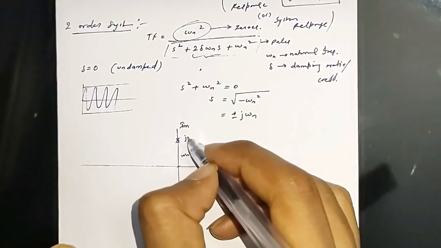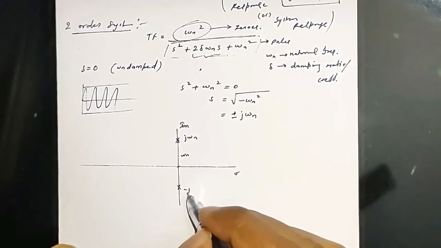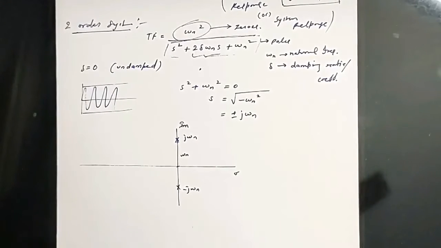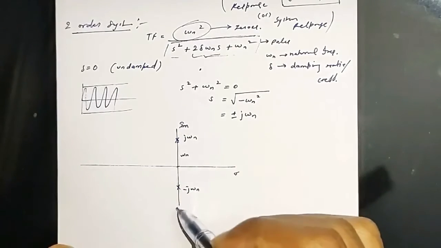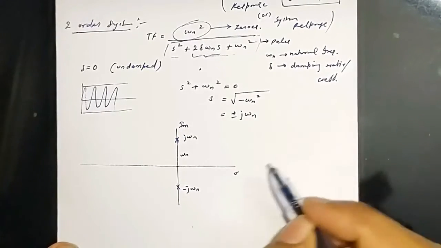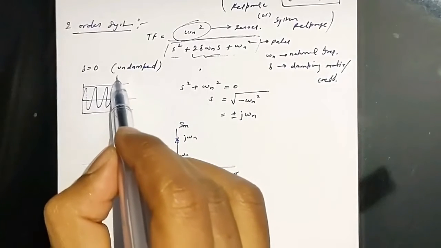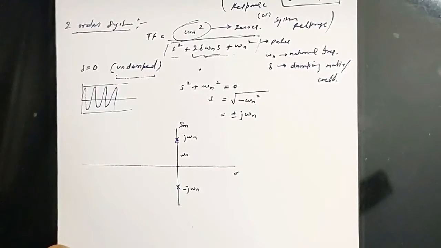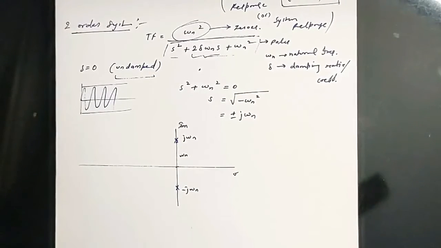This will be plus j omega n. This will be minus j omega n. So whenever the poles are lying on the imaginary axis, the system is always going to be an undamped system. Now we are done with the undamped system.